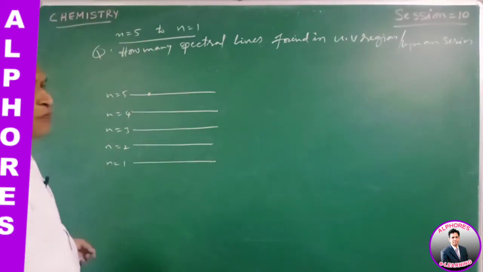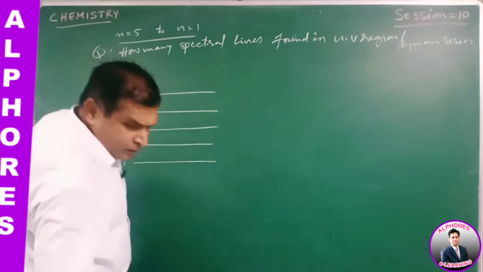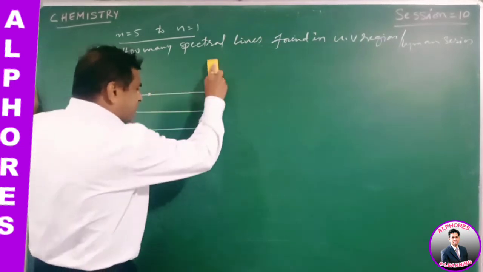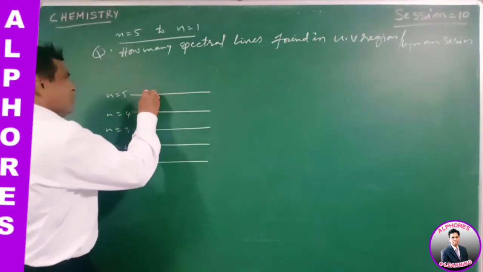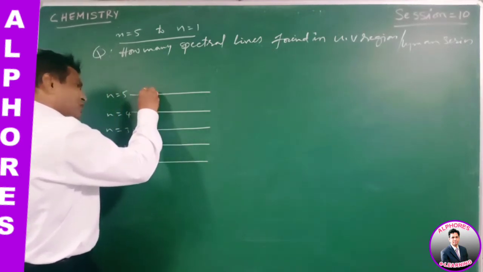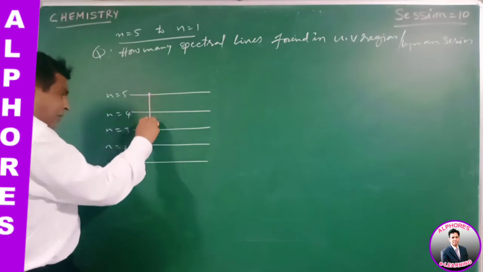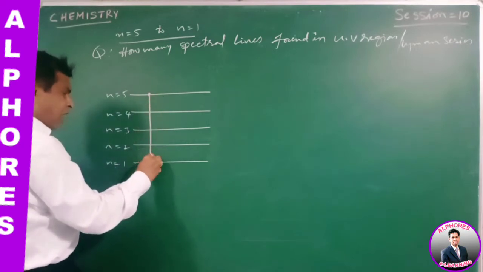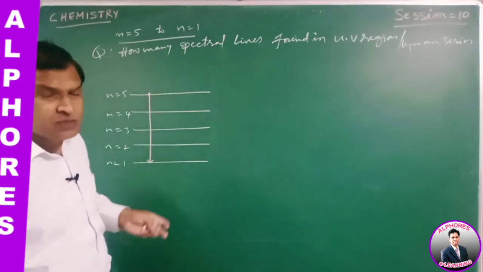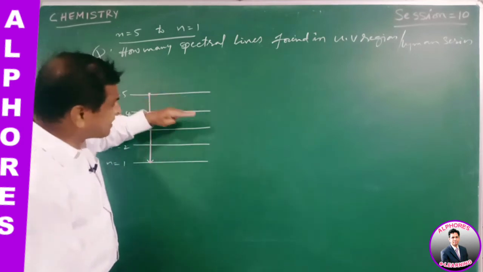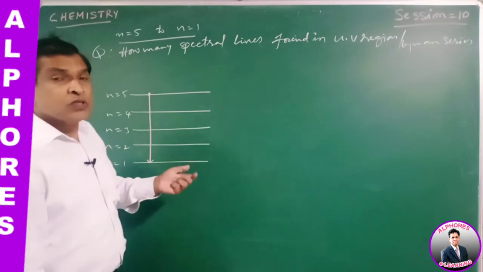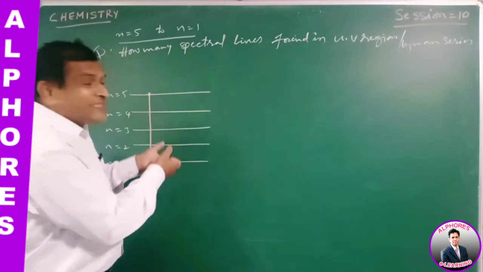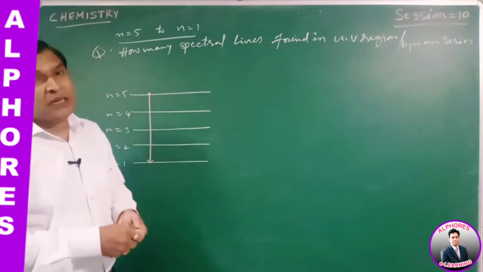Now during the de-excitation process, we have to consider that the de-excitation of the excited electron may take place directly in one step, or it may take place in several steps. When it is coming down in several steps, that de-excited electron can form more number of spectral lines.